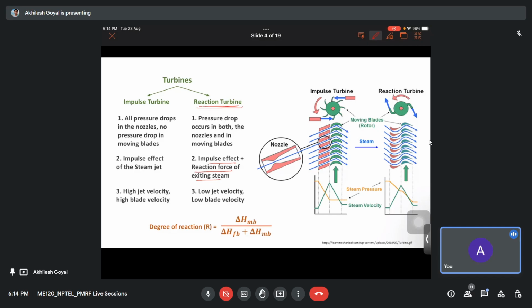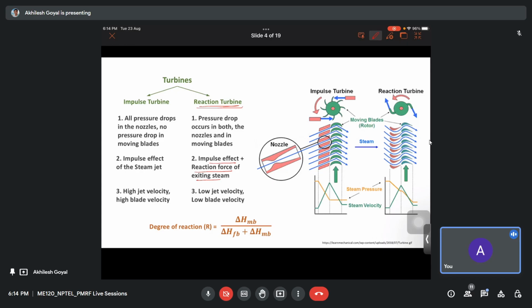But in the case of a reaction turbine, as the whole pressure is not dropped in the nozzle itself, the jet velocity is low compared to impulse turbines, and the blade velocity is also low. Okay, so these are the main and basic differences between an impulse turbine and a reaction turbine.